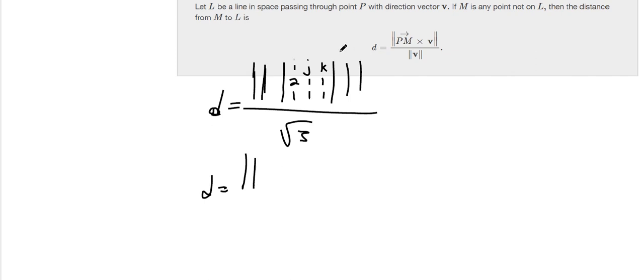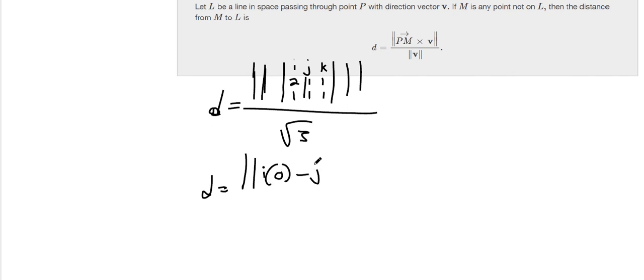There are plenty of videos to help if you're not sure how to find the determinant of a matrix, like this week's lecture video, where I'm pretty sure we go through one of these cross product calculations. For the i component, I'm finding the determinant of this smaller matrix. That's going to be 0.